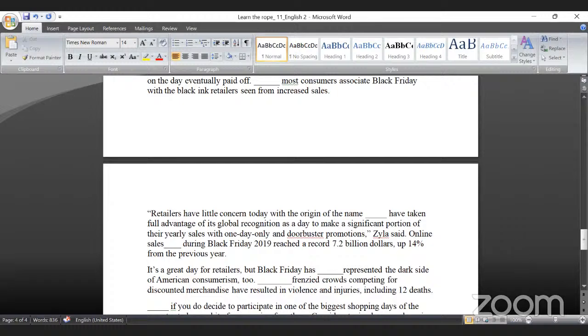See, check with several, do a trial and error thing and you'll be able to find it. It's a simple word actually. Online sales shot up during Black Friday. No, just a simple word.